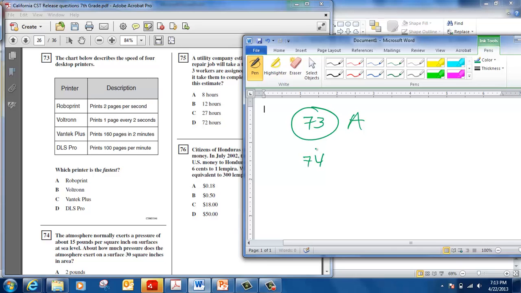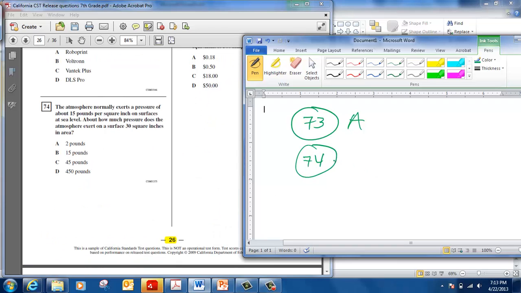Now, for 74, you're going to use your proportion. It says the atmosphere normally exerts a pressure of about 15 pounds per square inch. So how much pressure does the atmosphere exert on a surface of 30 square inches in area? So I'm going to set this up. So 15 pounds for 1 inch. But I don't have 1 inch, I have 30 inches. Okay?